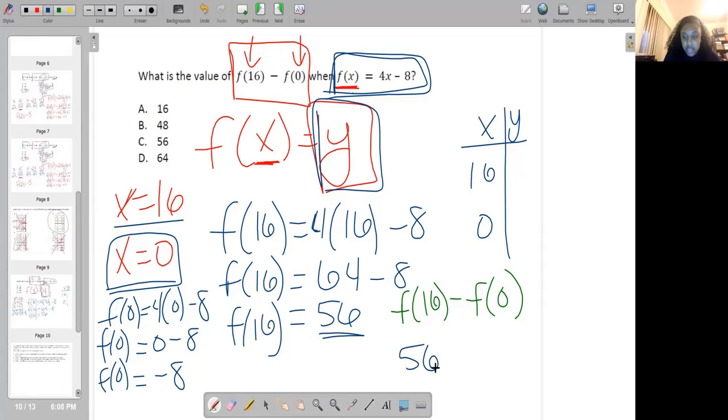I'm going to put 56 minus f of 0, which was -8. So remember, f of 0 is -8, so that minus sign doesn't take care of that -8 part. Anytime you subtract a negative number, it's the same thing as adding a positive. So 56 plus 8 is going to be 64, and your answer is going to be D.